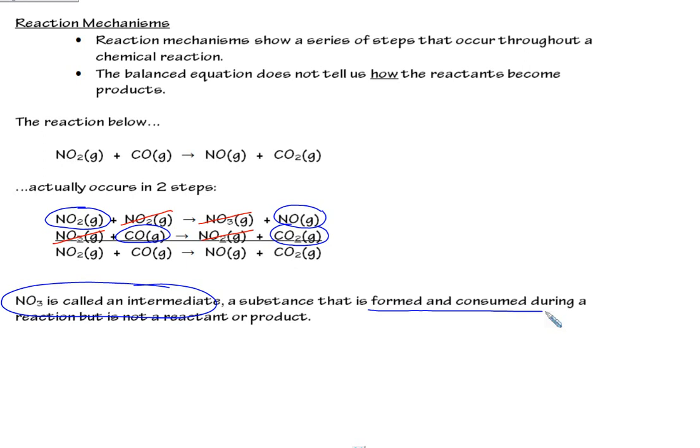But there could be more than one proposed mechanism that could be appropriate, and we'll never know exactly which one is the best. All we can do is propose these mechanisms and say, yeah, that's a possibility. That gets me from reactants to products. Does it occur in 1 step, 2 steps, 3 steps?